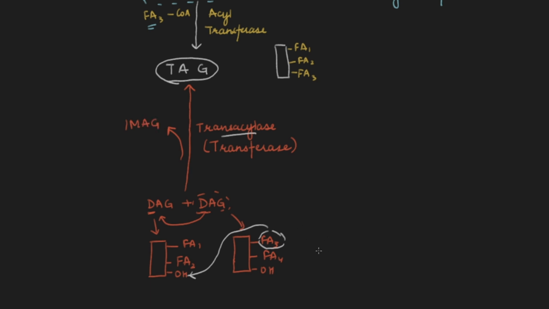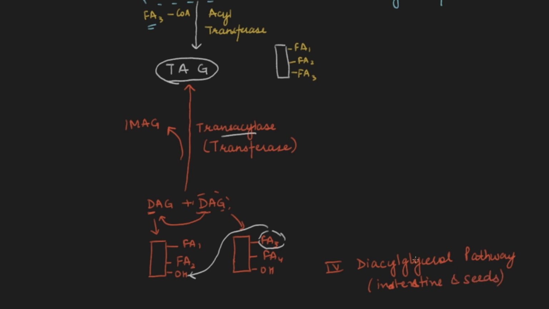And this fourth pathway is called the diacyl glycerol pathway. And this occurs in intestine and seeds.